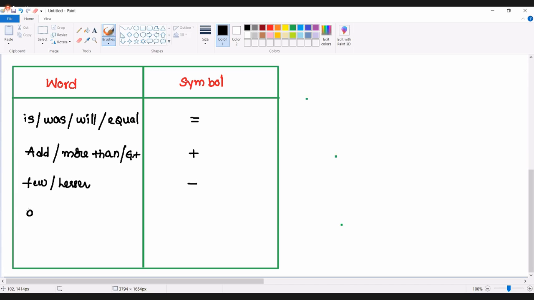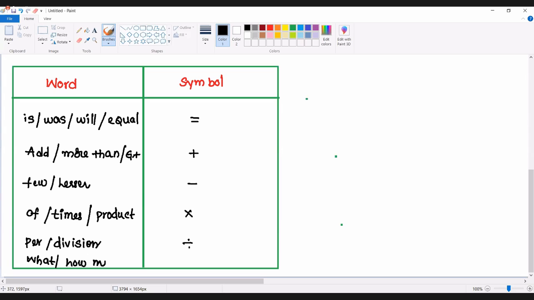If you find any word as of or times or product, this can be replaced with a multiplication symbol. If you find per or division, we can replace it with a division symbol. And if you find any unknown quantity like what or how many or how much, this can be replaced with a symbol called x or y or z, which is the required quantity for us.